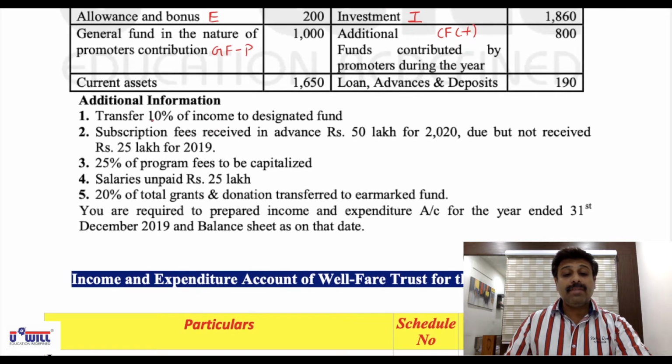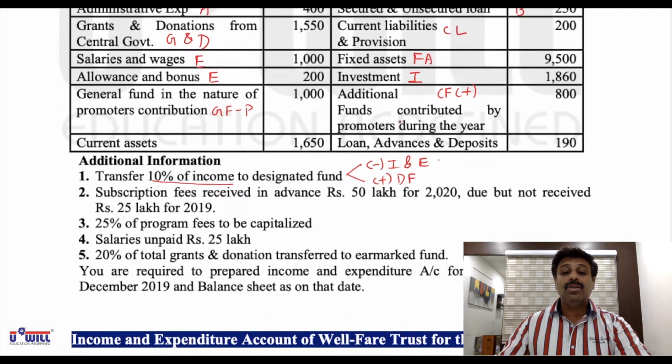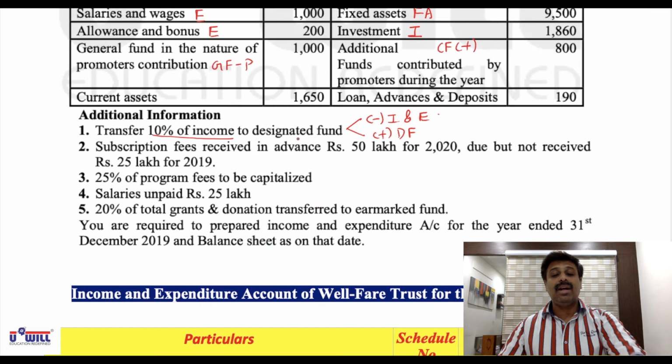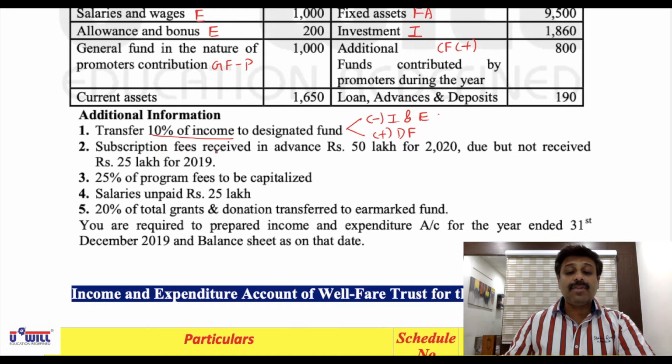Now transfer 10% of income to designated fund. So one effect we will minus in income and expenditure account, and second effect will add in designated fund. So all of you put tick on this earmarked fund or designated fund, there we have to add it. Subscription fees received in advance means pre-received income.